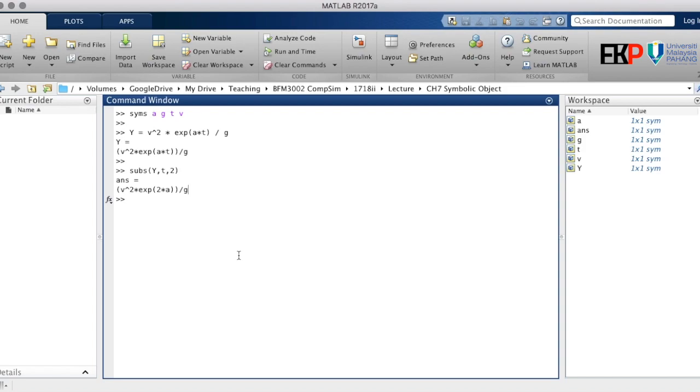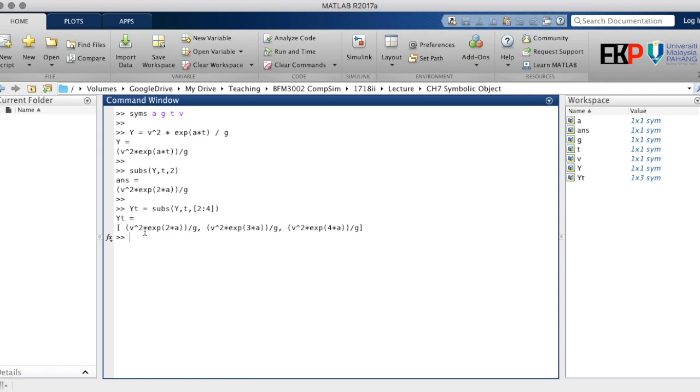And then we can also substitute a range of values. For example, I give a name yt to the variable equal to subs of y. We want to substitute t with a range from 2 until 4. If we do not define the increment, the increment will automatically be set as 1.